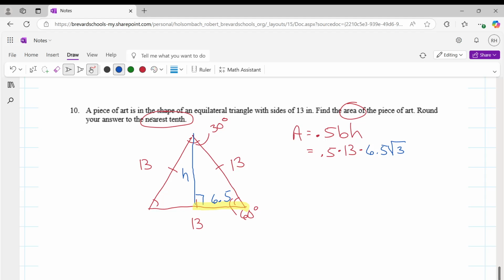And we're going to round your answer to the nearest tenth, so we can finish this in the calculator. So 0.5 times 13 times 6.5 times the square root of 3, and we get 73.2.